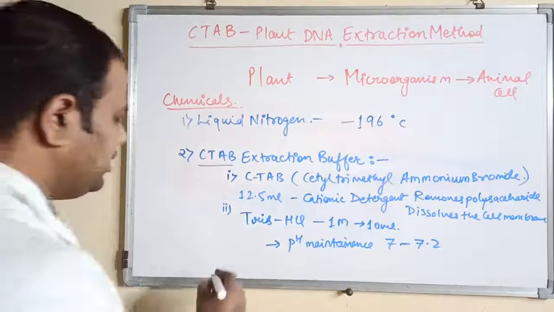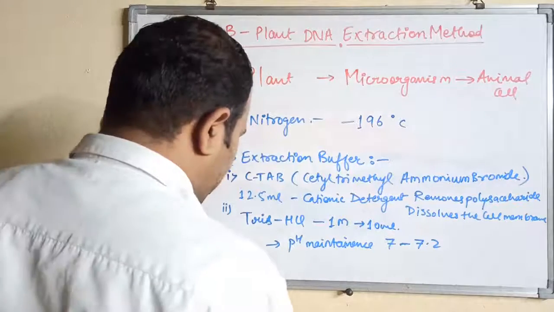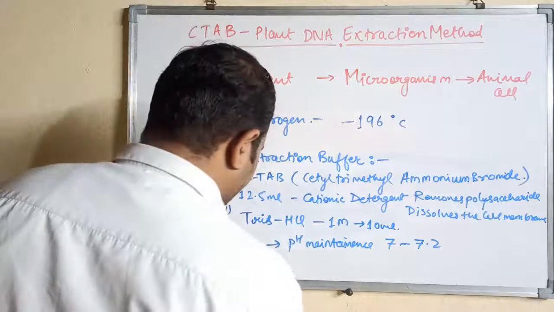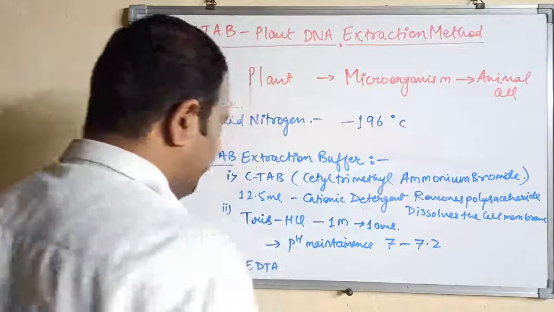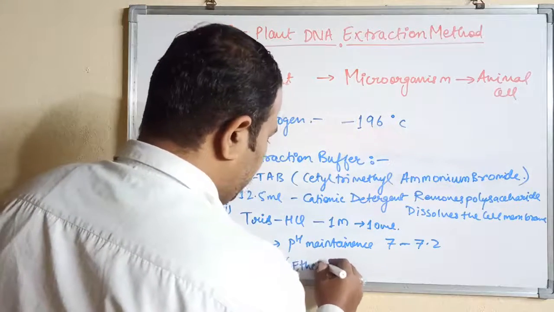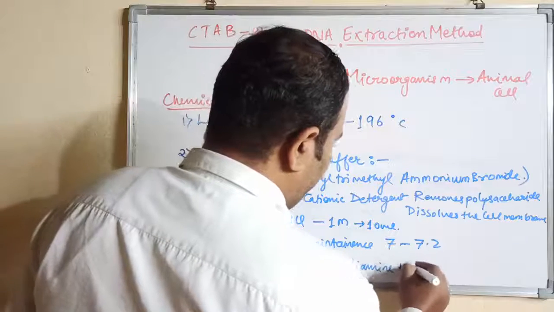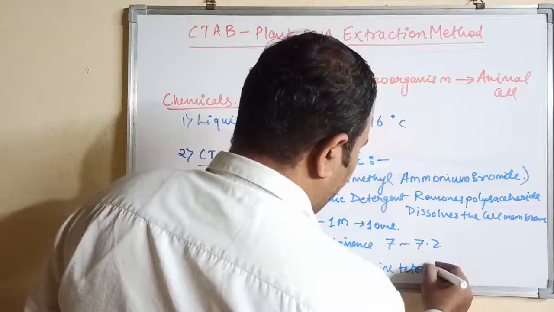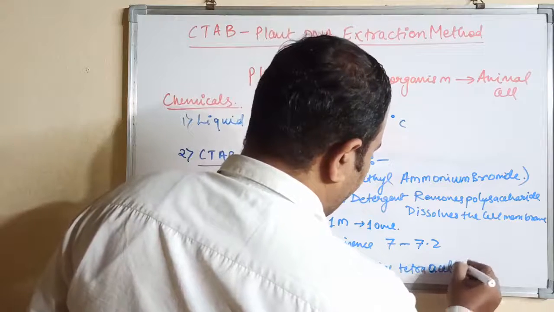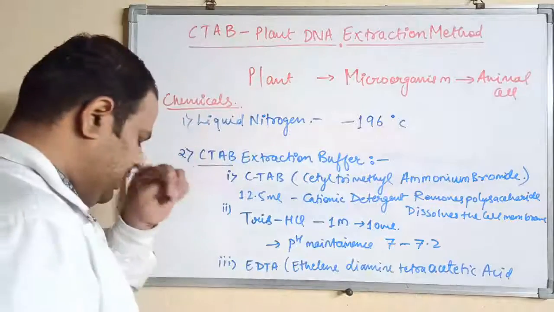The next chemical in CTAB extraction buffer that is to be added is EDTA. EDTA full form is ethylene diamine tetraacetic acid.